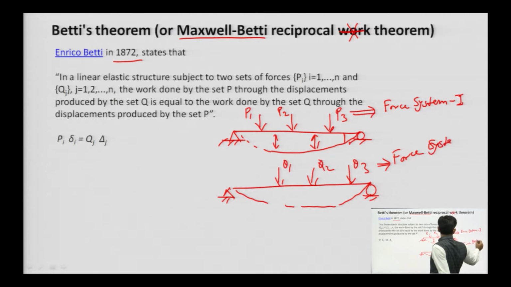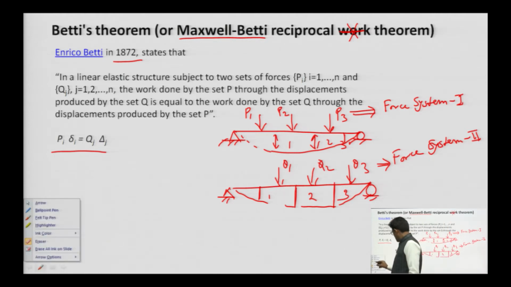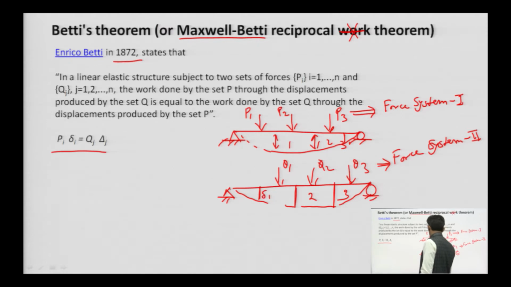According to him, if this value is delta 1, this value is delta 2, this value is delta 3, and if the displacement has been observed here, say this is A1, A2, A3, then we replace these by del 1, del 2, del 3, according to this statement.